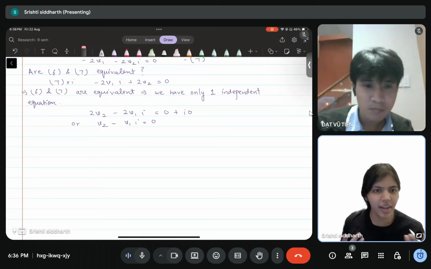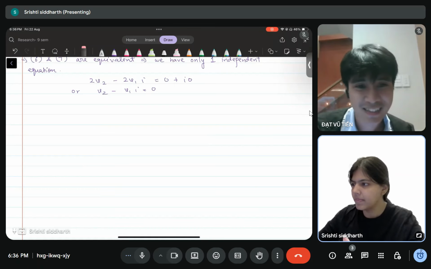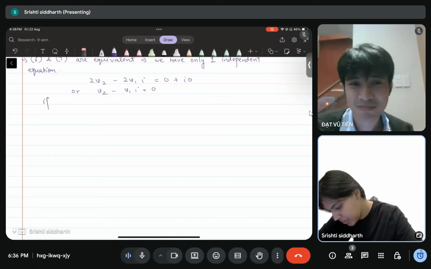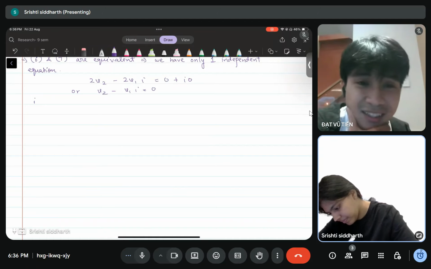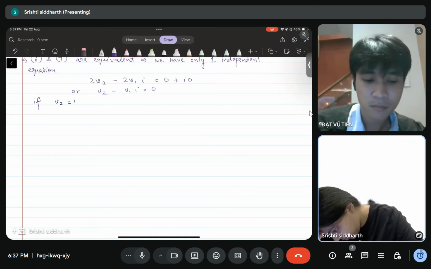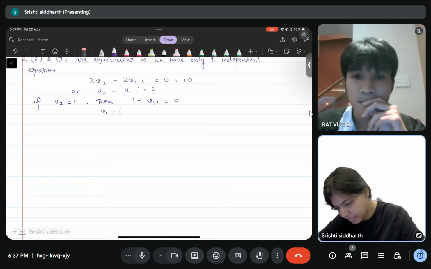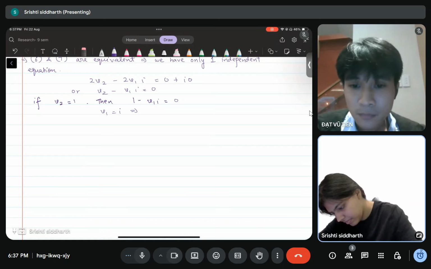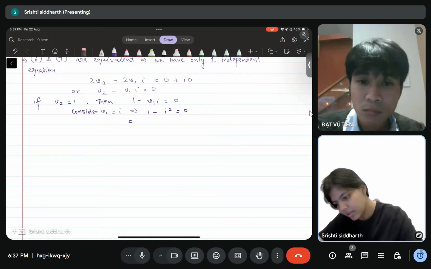Because if that's the case, then every eigenvector for a complex eigenvalue would be 0. I don't think that's true. V2 is 1.